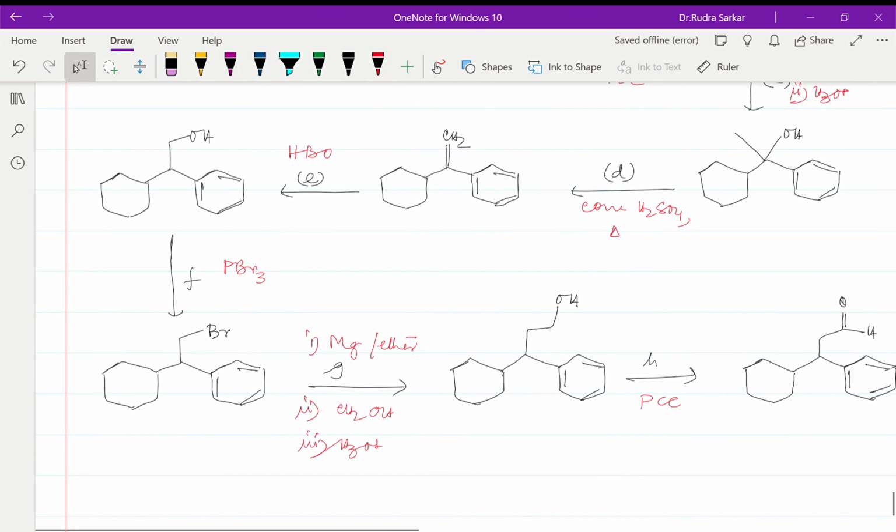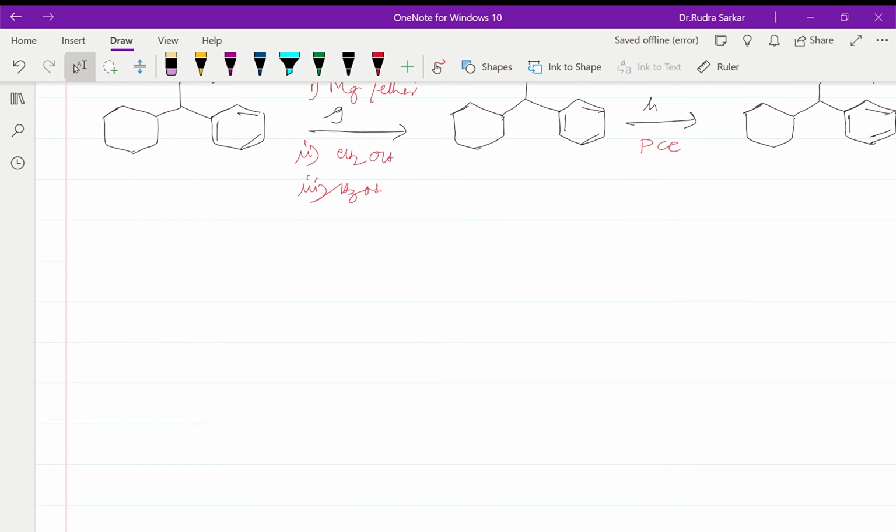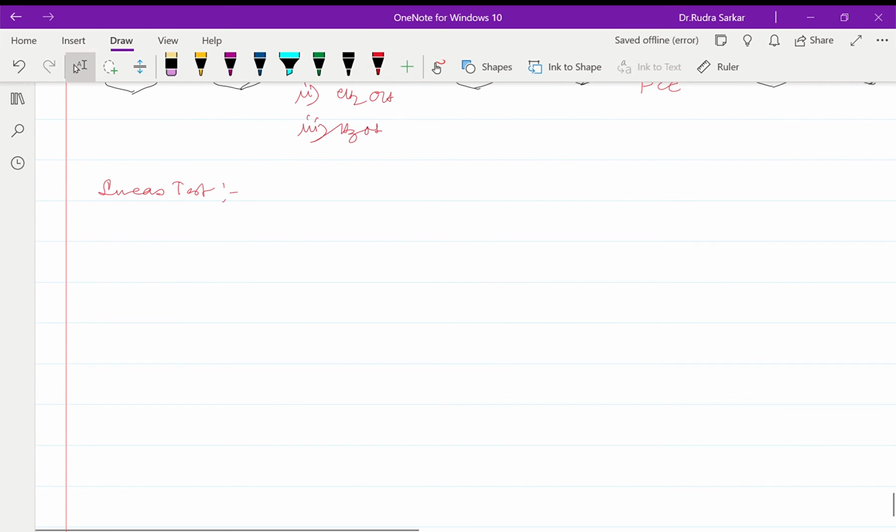There are three tests for alcohols and try to get it from your book. Jones reagent I've already discussed. Okay. There is something called Lucas test. No aqueous medium or anything is used over here. Just you take the alcohol. This is 2 degree alcohol, 1 degree alcohol, or you have a 3 degree alcohol.